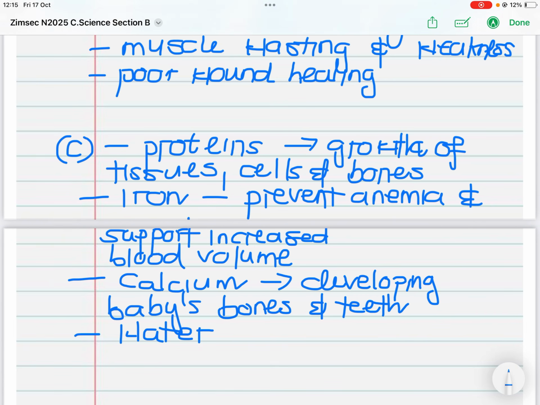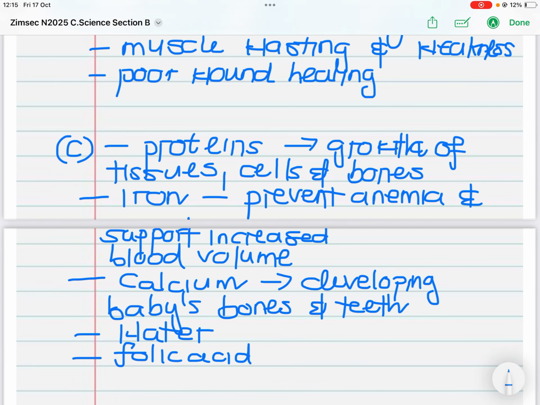And also the pregnant mother is supposed to stay hydrated, so she needs water to stay hydrated and support increased blood volume. The diet is supposed to have folic acid.